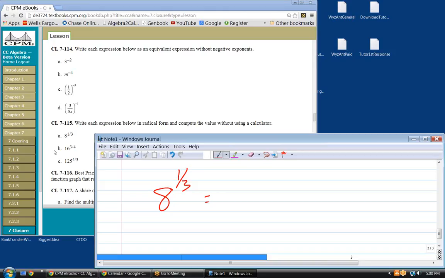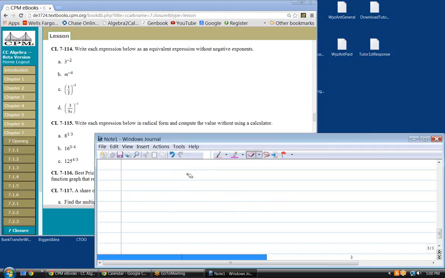Take the cube root of 8 first. What's the cube root of 8? What number multiplied by itself 3 times will give you 8? I know you know it because we just did it with C. 2. Okay. So the cube root of 8 is 2.